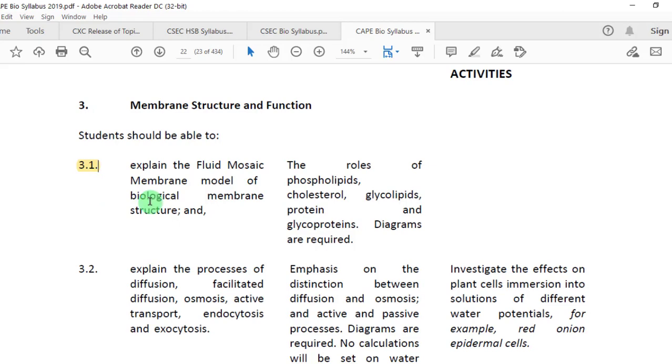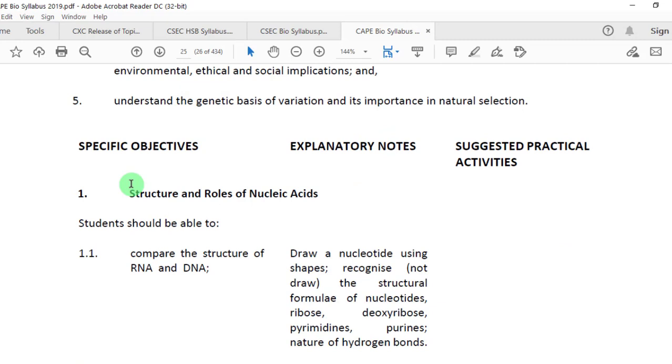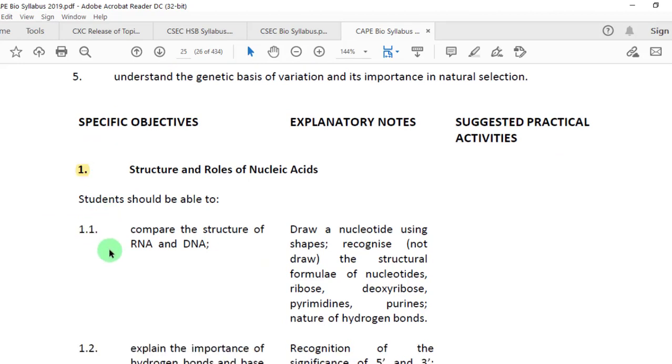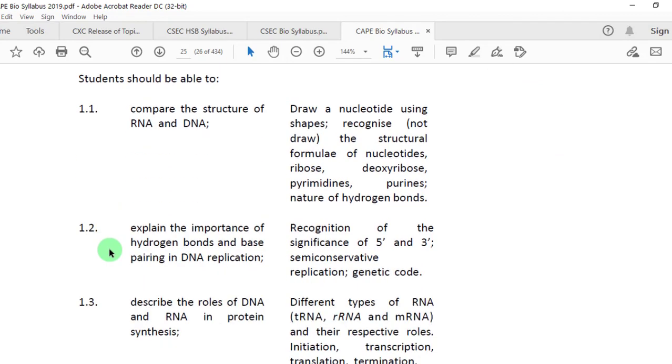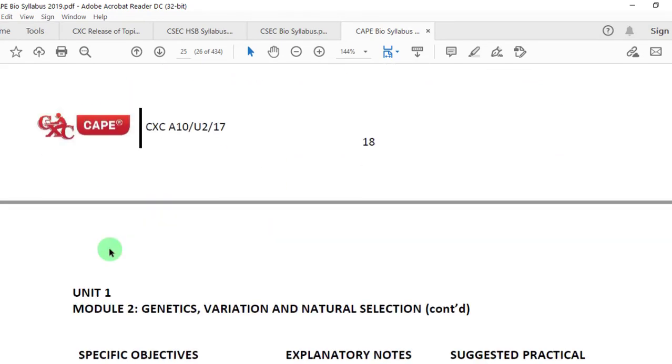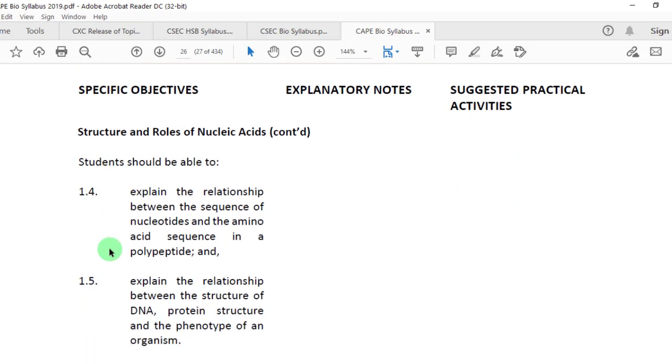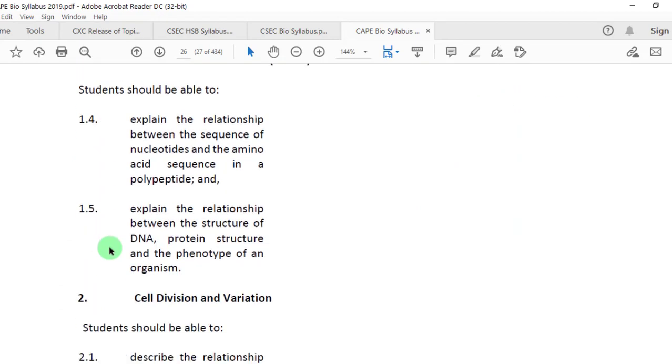And that's it for module 1. So let's go to module 2. So we have our structures and roles of nucleic acids, word for word. So you're going to focus on this set of objectives. Any objective here that's 1 point whatever, you're studying that. 1.1, 1.2, 1.4, 1.5. 5 objectives, right?